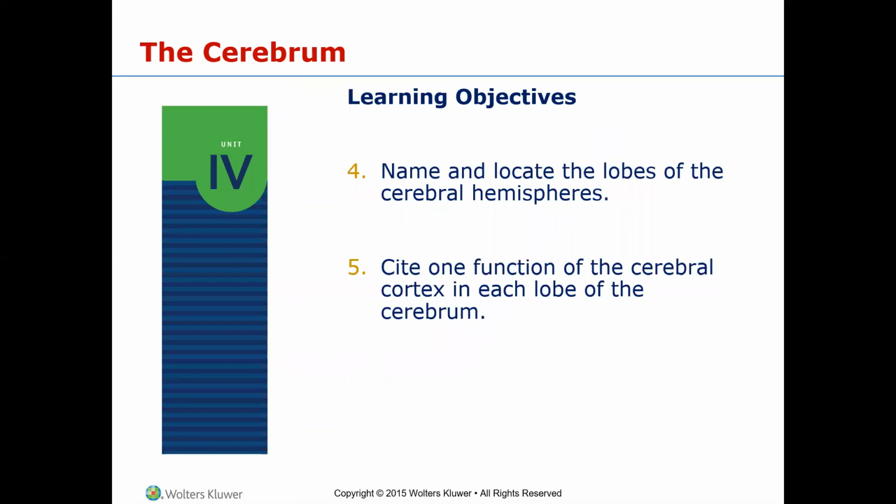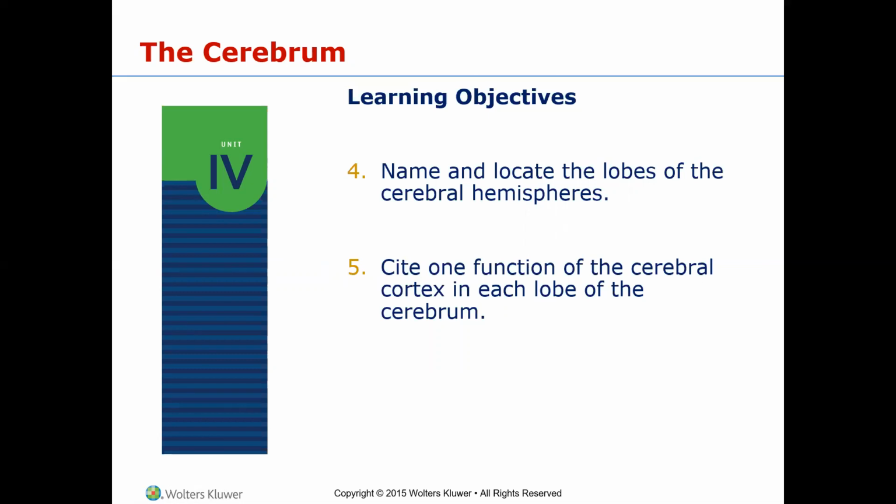So if we look at the cerebrum, that's the largest portion of the brain. We have several lobes that the cerebral hemispheres are divided into, and they're divided by these spaces, which we call sulci or a sulcus. And then we have some functions that we're going to be looking at in terms of the cerebral cortex in each one of the lobes.